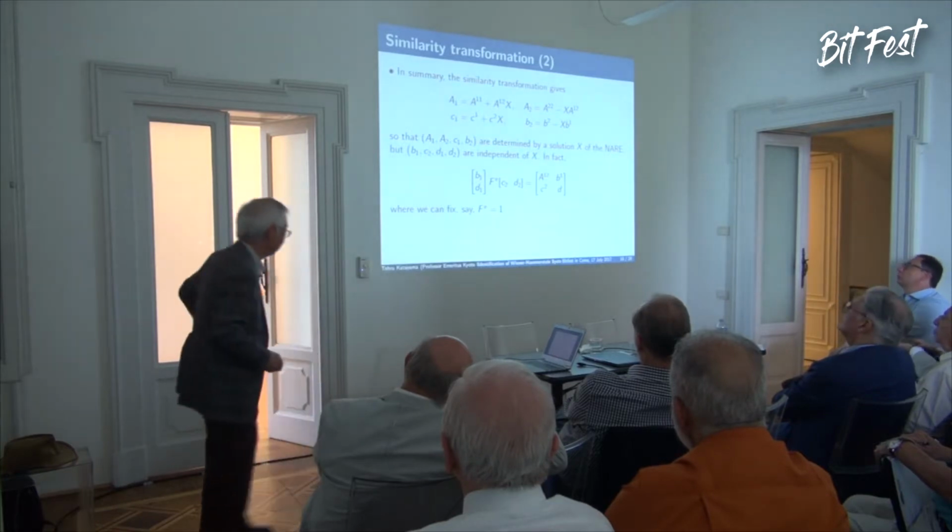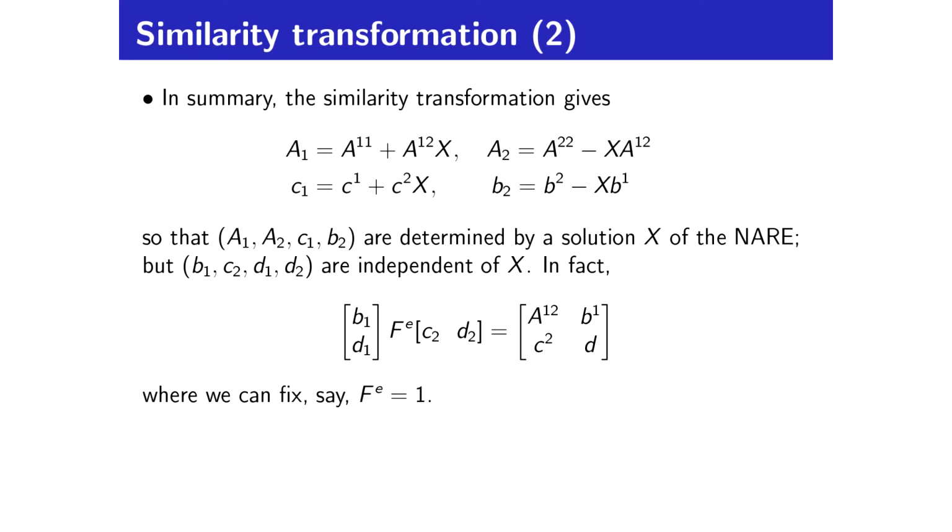So in summary, the similarity transformation gives A1, C1, A2, B2. The remaining parameters are independent of x. In fact, we have this kind of equation. The left-hand side is given from the data. The right-hand side members are what we want to find.